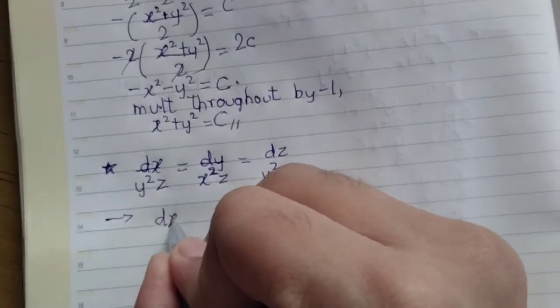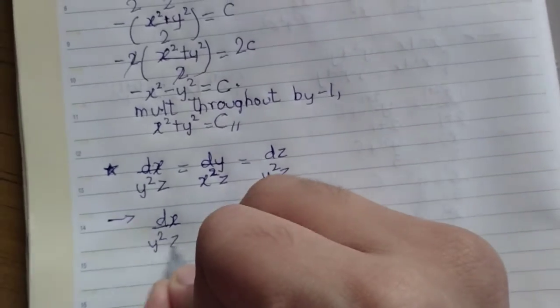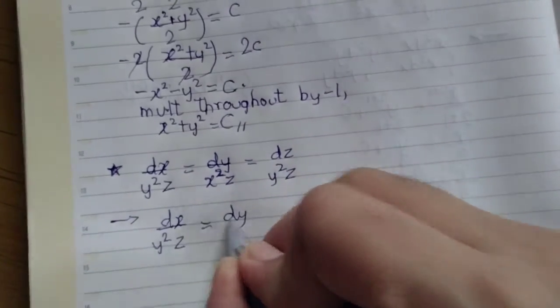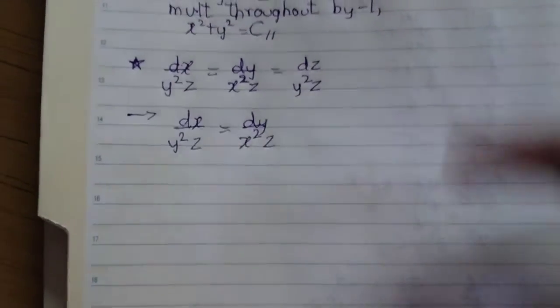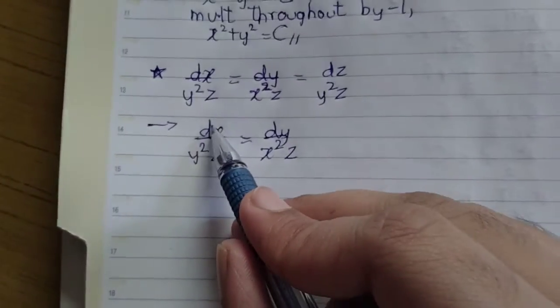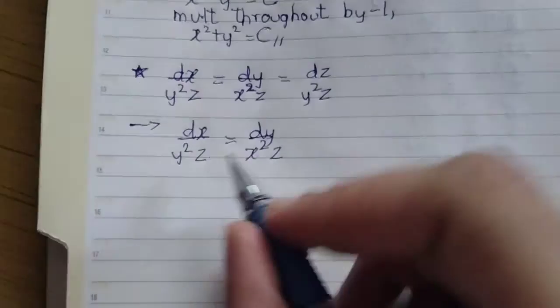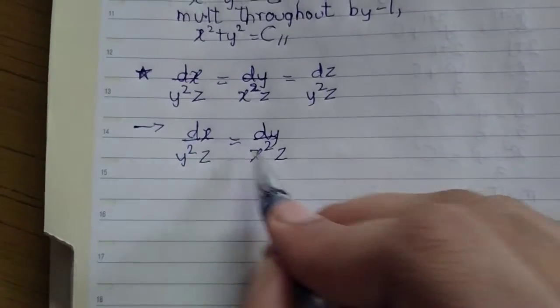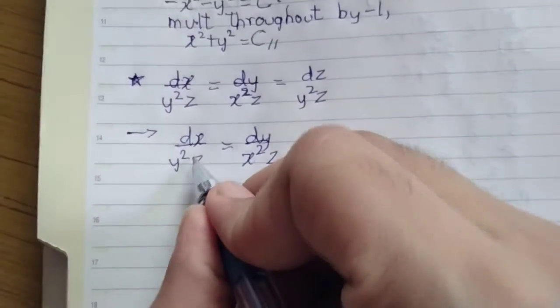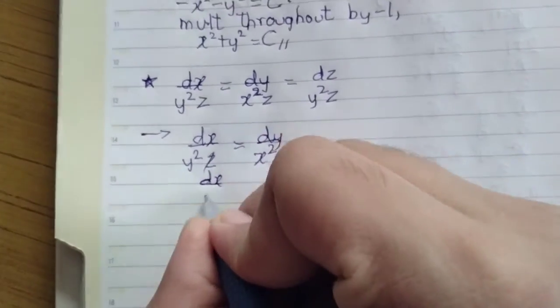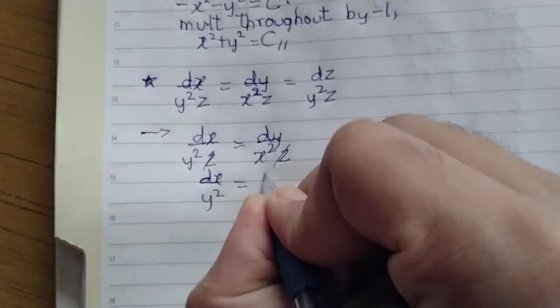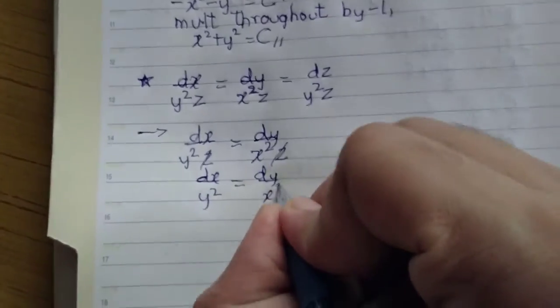The first two ratios are dx upon y square z is equal to dy upon x square z. Now again z and z both are common, so cancelling both together, we'll get dx upon y square is equal to dy upon x square.